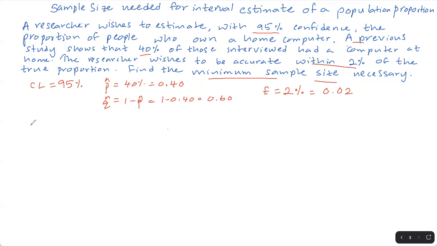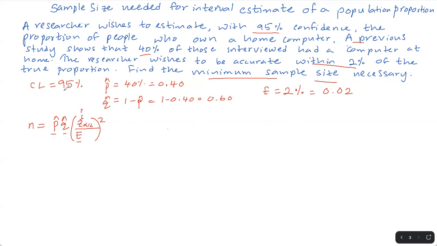So here is the population proportion sample size calculation. Sample size equals P hat Q hat times Z alpha over 2 divided by margin of error, and the whole squared. So we know P hat, we know Q hat, we know margin of error, and we need to find Z alpha over 2, right?